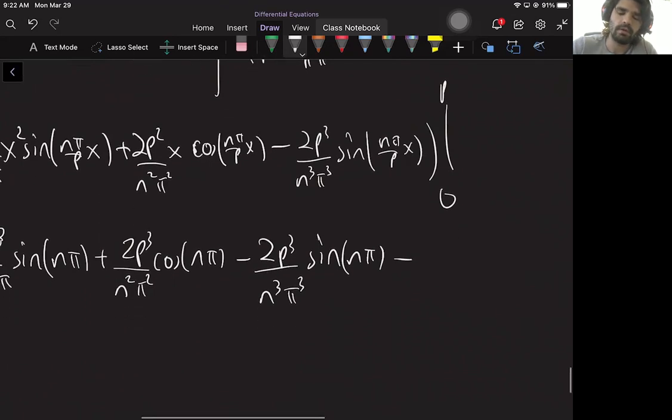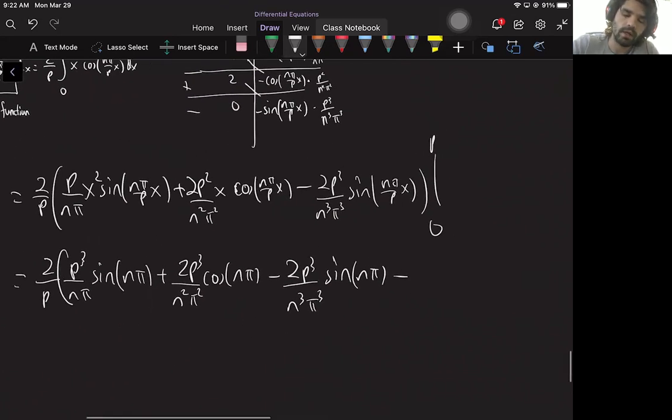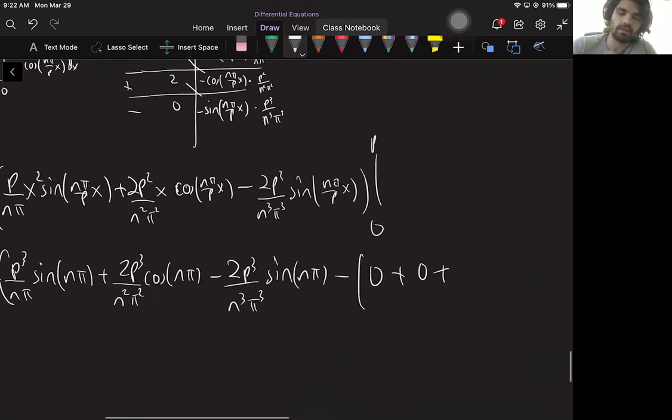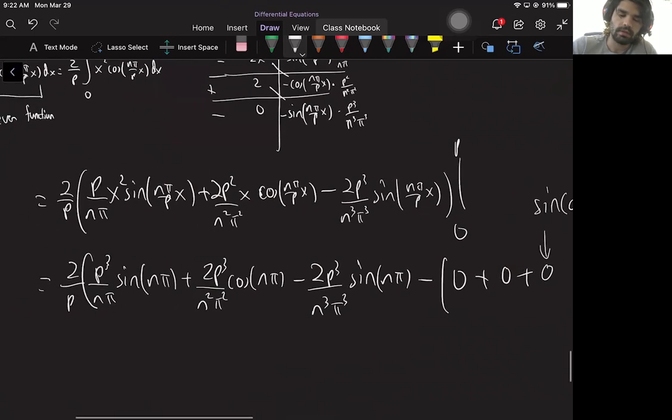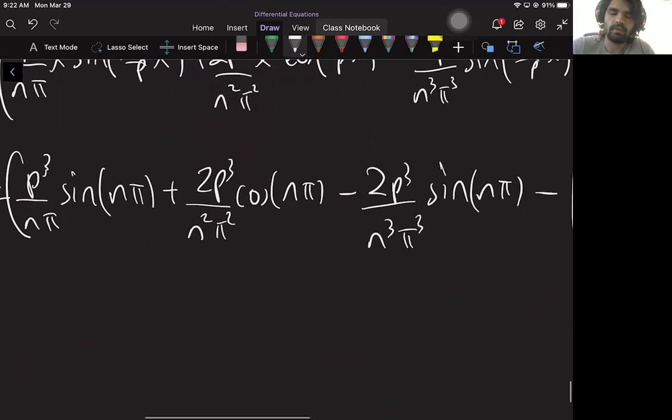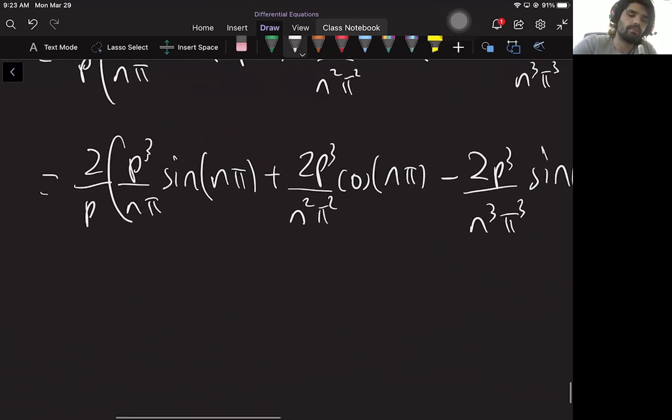Then you plug in 0, you subtract. So that'll be 0 because of the x squared. The next one will be 0 because of the x. And the next one will be 0 because sine of 0 is 0. Okay, so that saves lots of time. That's the benefit of not having to plug in negative p instead. That's where the time is saved by using the even function property.